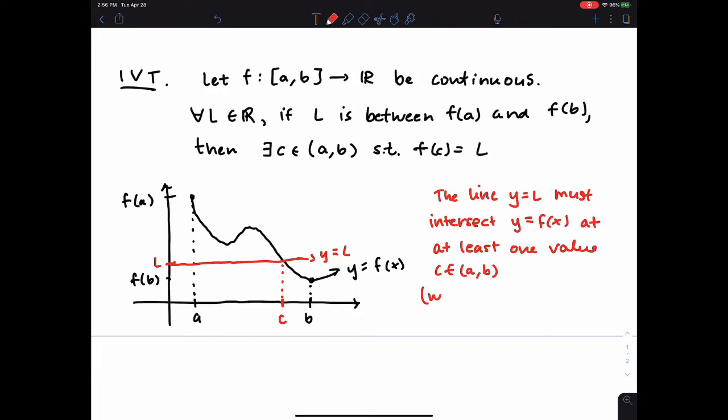And this is whenever L is between f of A and f of B.